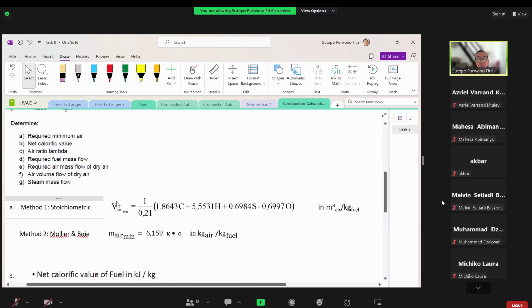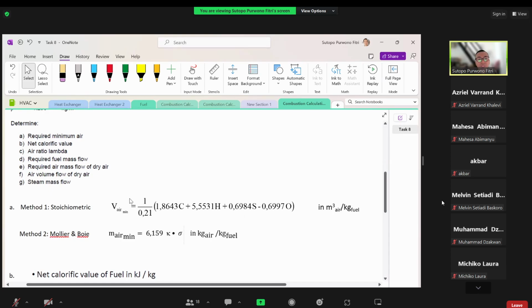Then you have a stoichiometric or balanced chemical reaction. So you can use the first method here. This is the requirement of minimum air volume, in cubic meters of air per kilogram of fuel.